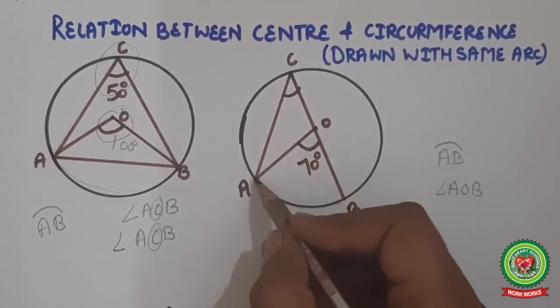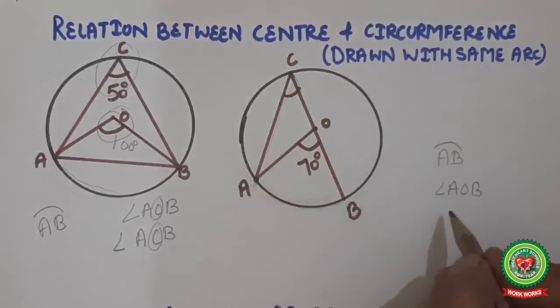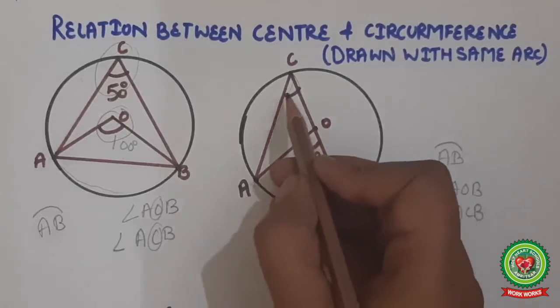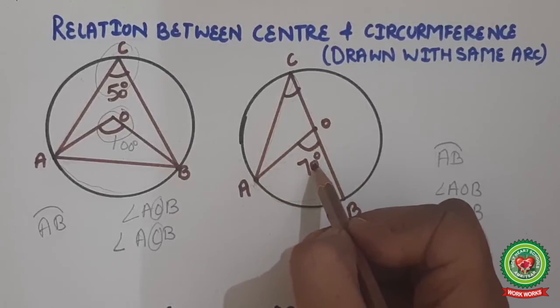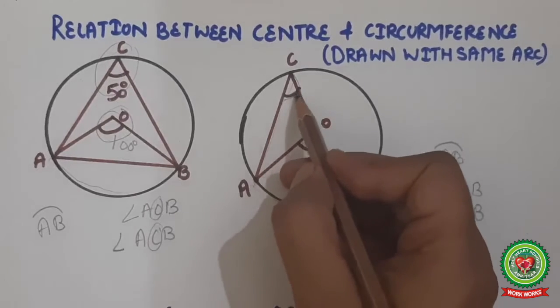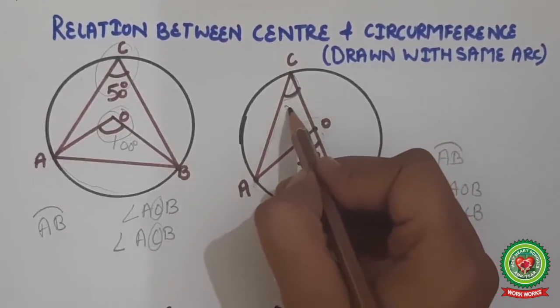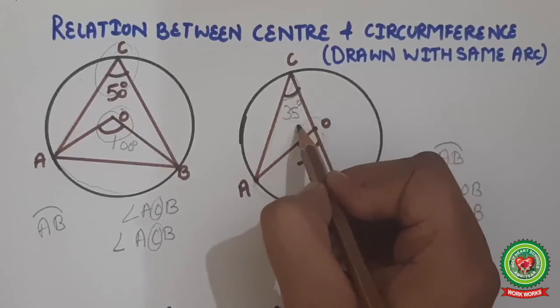O is the center, and by the same arc there is this angle, angle ACB. Angle ACB is the circumference angle, and this is the central angle. Now as we have done just now, the circumference angle will be half of the central angle. It means angle ACB will be 35, which is half of 70 degrees.